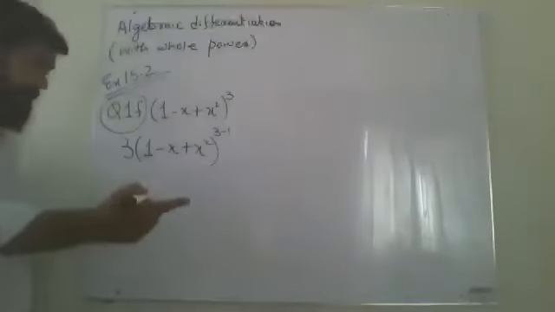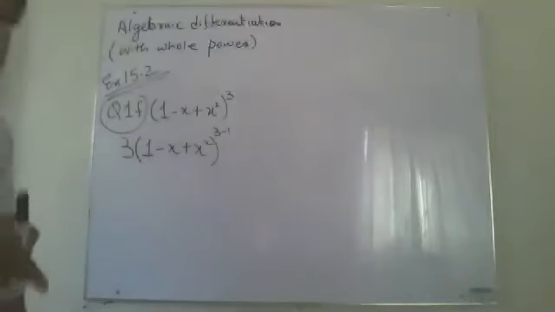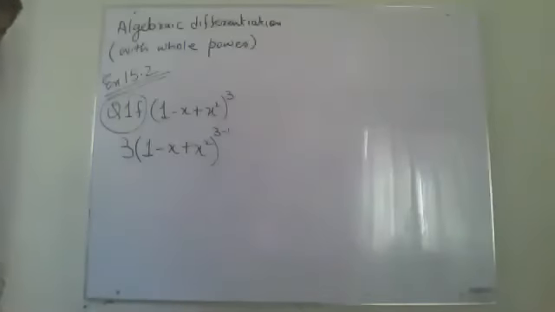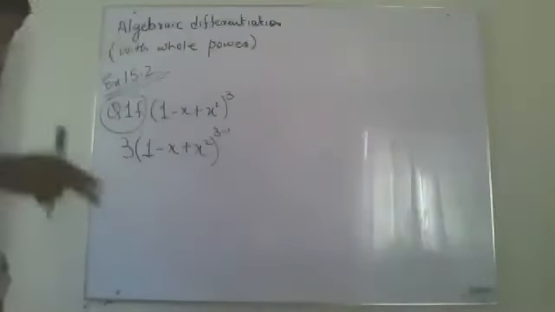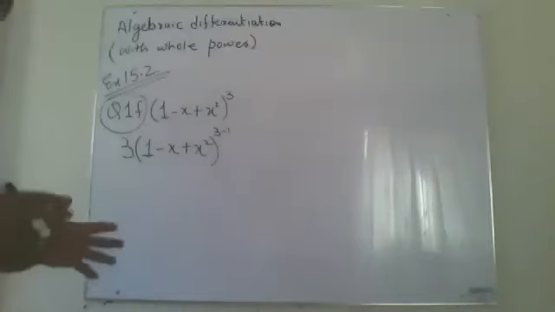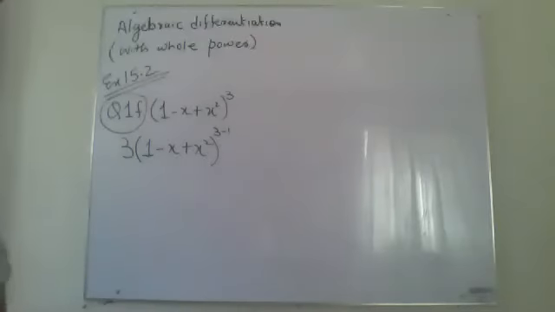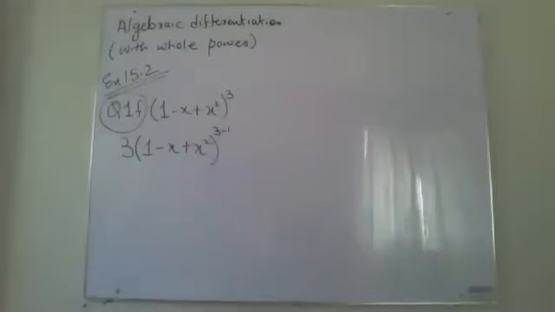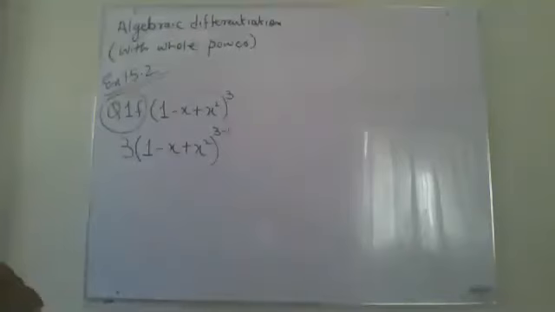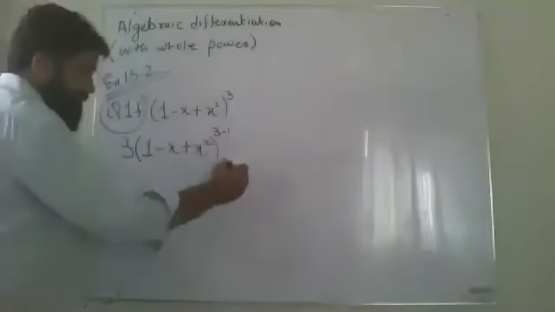Okay. Second step, differentiate your bracket. Second step is to differentiate whatever terms are inside the bracket. You have to differentiate that thing. Okay. So over here, what is written inside the bracket? It is written 1 minus x plus x square. So I'm going to differentiate.